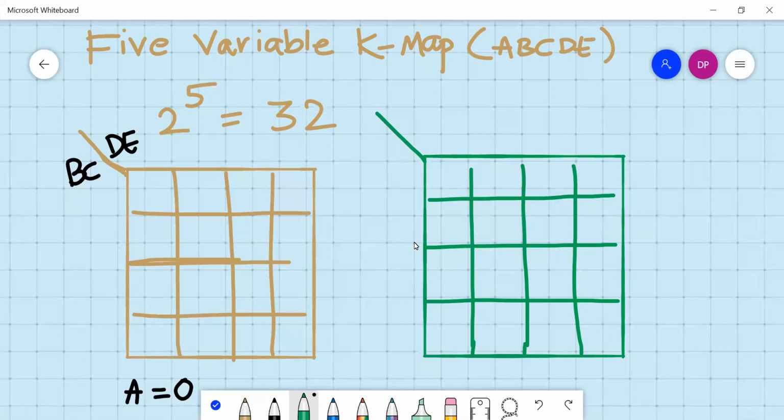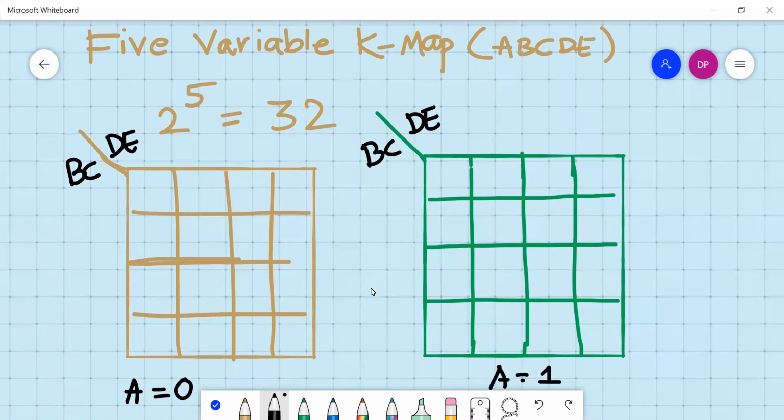We will take BC here, DE here, and this is for A is equal to 1. So this 16 and this 16, total it is 32.